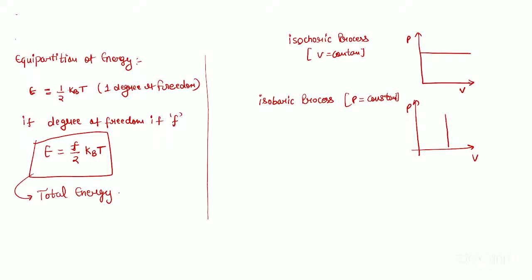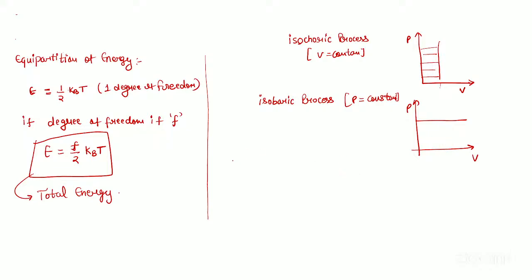Sorry, this will be the isochoric, because every time the pressure is increasing but the volume is constant, and this will become like this. For each and every volume, the pressure is constant.